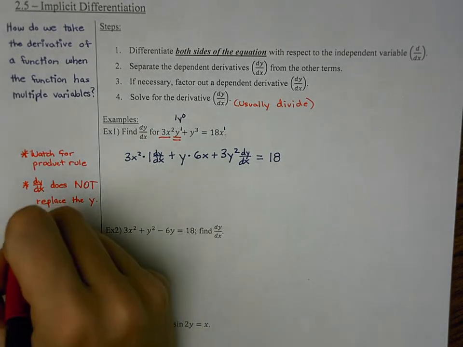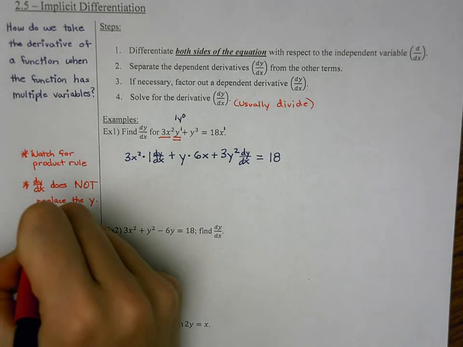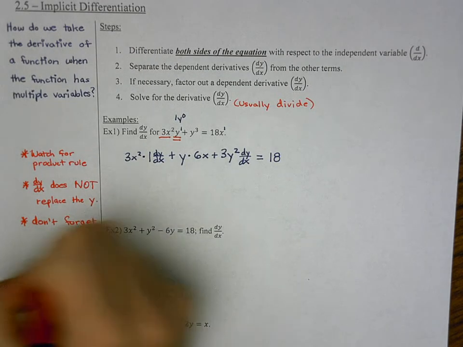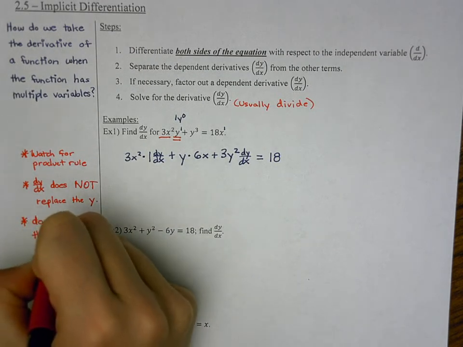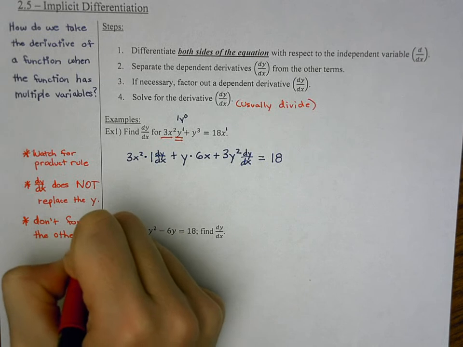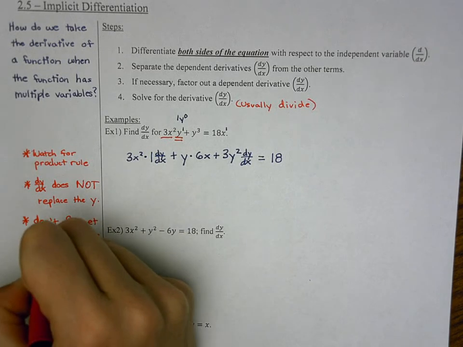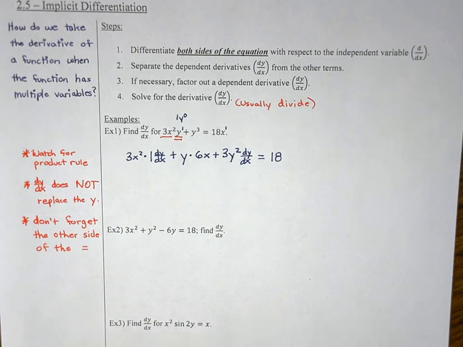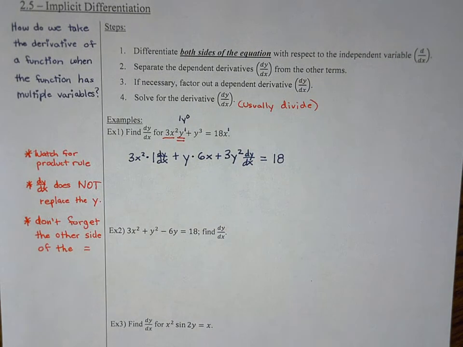Okay, and then the last one, don't forget the other side of the equals. It's easy to accidentally leave this as just 18x, but again, remember that's not a new thing.